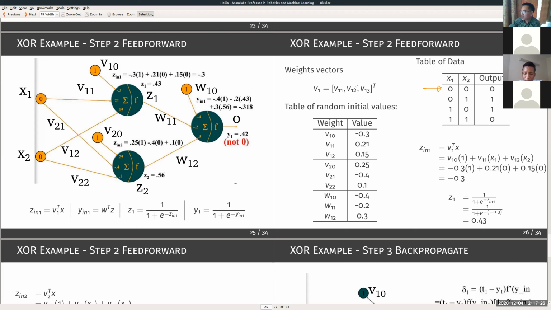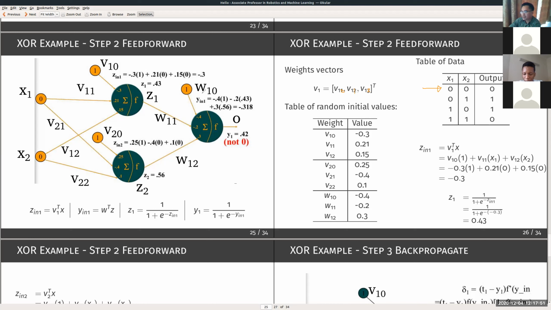We have V10, V11, and V12, and then V20, V21, V22, and W10, W11, W12.